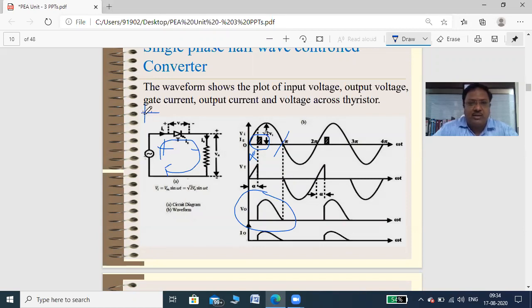As soon as the supply is reversed, the anode is made negative with respect to the cathode, so the SCR is in reverse bias condition. It never conducts, and at that time the load current and load voltage are equal to 0 during the negative half cycle. Again, for the next positive half cycle, the load voltage is positive, and this is the load current waveform.